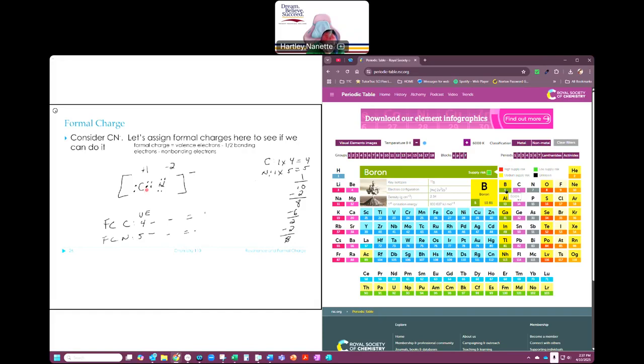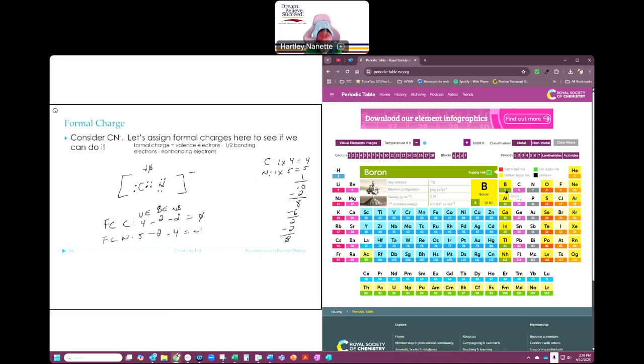I now have 2 electrons in the bonds, and the number of lone pair electrons on my carbon has not changed, but it has on my nitrogen. So carbon has 4 valence electrons, 2 bonding electrons, 2 non-bonding electrons, so he's a 0. And my nitrogen, 5 minus 2 minus 4 is still minus 1.